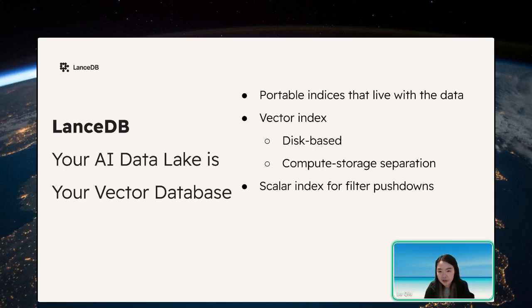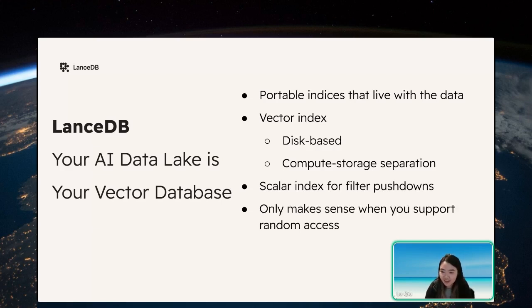And we have a bunch of scalar indexes and also full text search indexes to do efficient filter pushdown. So the Spark connector, the Presto connector, the Trino connector, they can do the filter pushdown much more efficiently and have much better performance. We can delegate all those SQL filters to the storage engine.